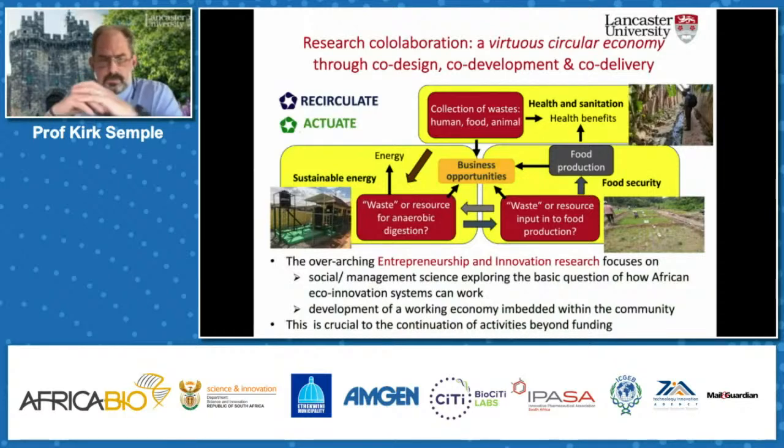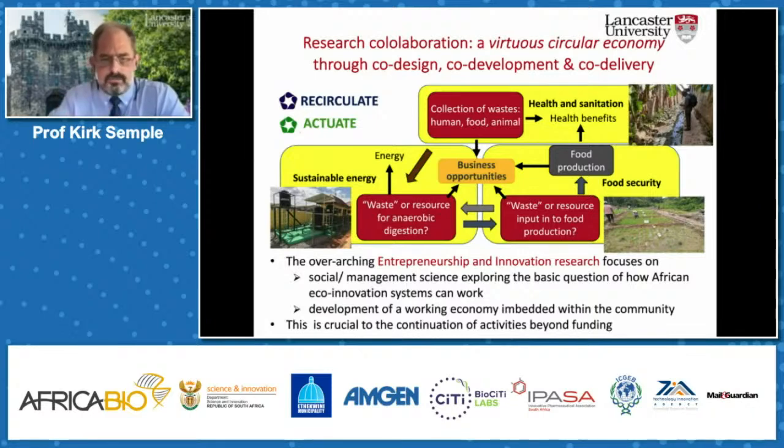So how does it look? We're considering different elements within the waste, energy, food paradigm. We're using co-design and co-development to deliver a virtuous circular economy. We're looking at health and sanitation and how that feeds into bioenergy, so it's sustainable and clean energy.